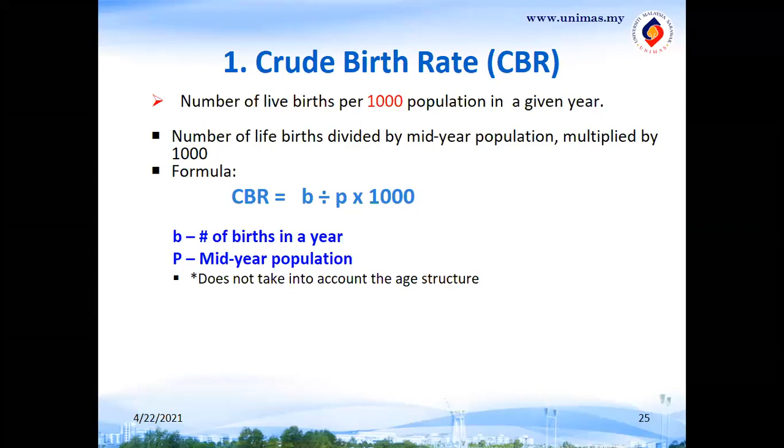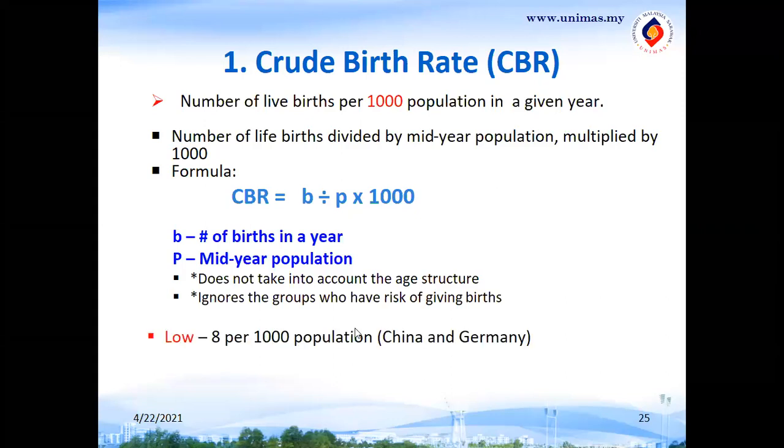Another reason why it is crude is because it ignores the groups who have risk of giving birth, regardless of whether they are aged 15 to 44 years or more and so on. It doesn't take that into consideration, and that's why it is called crude.